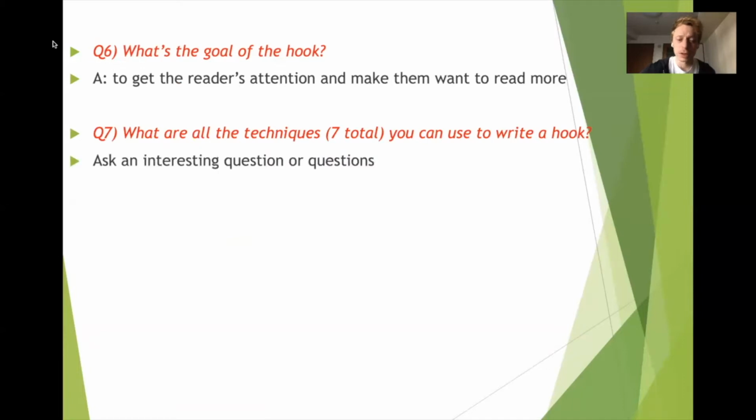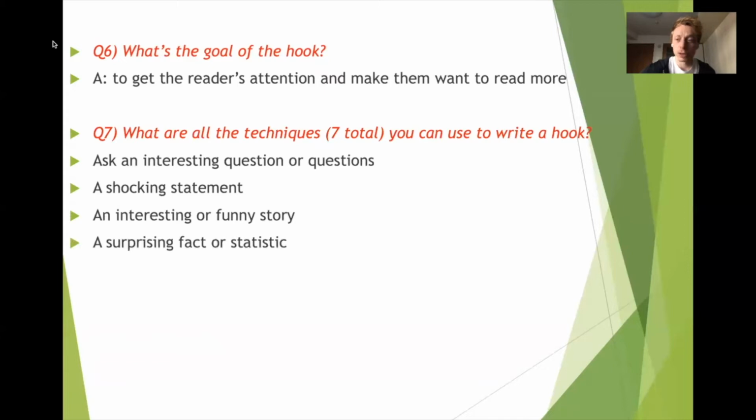The most popular is to ask an interesting question or questions, or a shocking statement, something that would surprise me. You can also tell an interesting, funny story, a surprising fact or a surprising statistic, a comparison between 2 things, a famous quotation, and you can even describe a scene, like the situation or the setting.